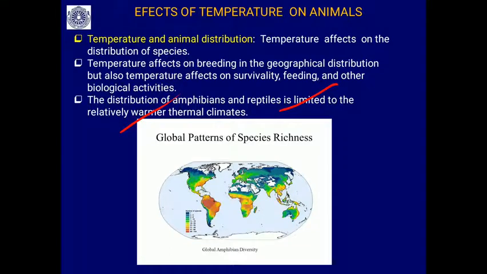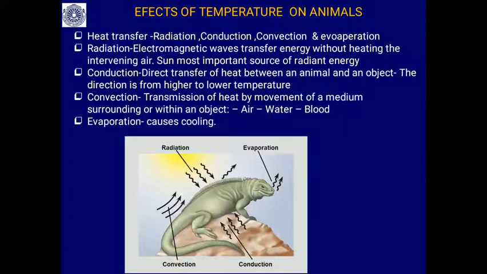This is the global distribution of the density of amphibians. They are concentrated in the warmer parts, that means the tropical regions of the world, and very few in the cold regions. So this is how temperature affects animal distribution.